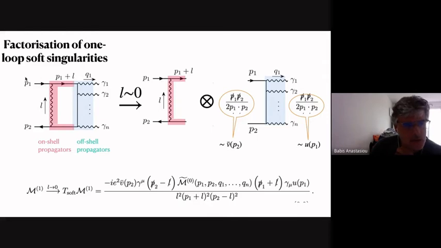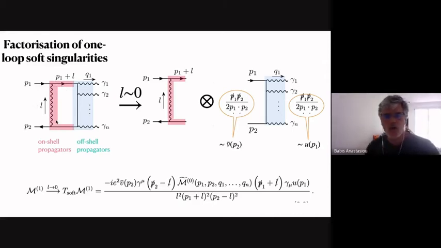So the incoming particle is on-shell, and it remains on-shell here. When another photon is emitted from the final state, then the other propagator following the incoming on-shell propagator becomes off-shell. So all of these propagators here become off-shell. The incoming ones next to the exchanged photon remain on-shell.